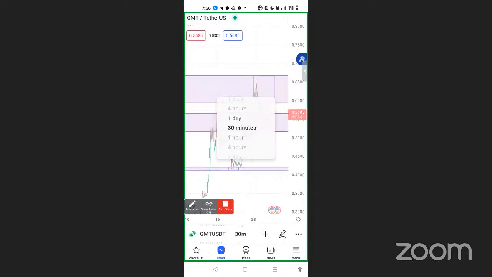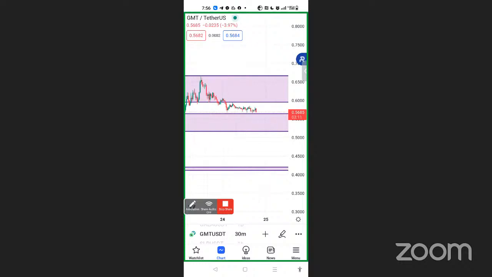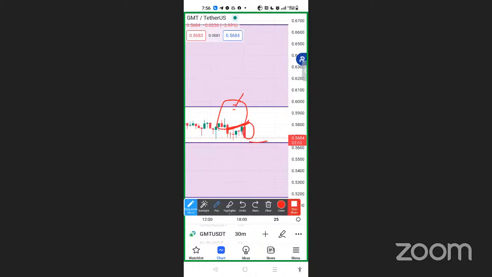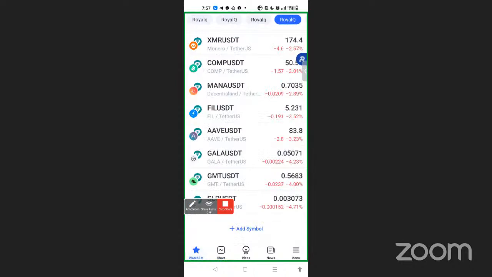Even if you go to 30 minutes, you still see the market being resisted in this area. But once this happens and forms a green candle here, then I know it's going back to this area, trying to make a breakout up there. So that is support and resistance, unless you have questions about it.